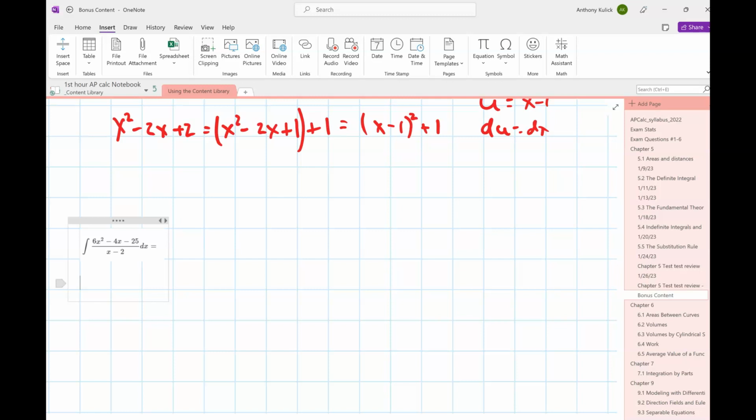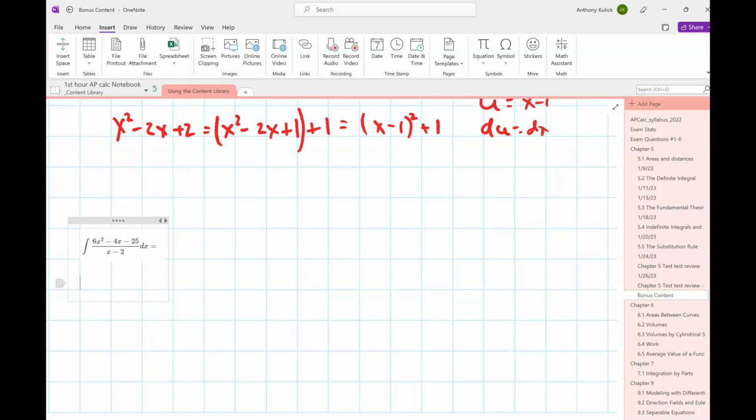So what do I do? Well, one hope is maybe if I factor the numerator, I could reduce this down and it might just work out. I'm going to tell you right now that that's not what's going to happen. 6x squared, so 6 times negative 25 is negative 150.